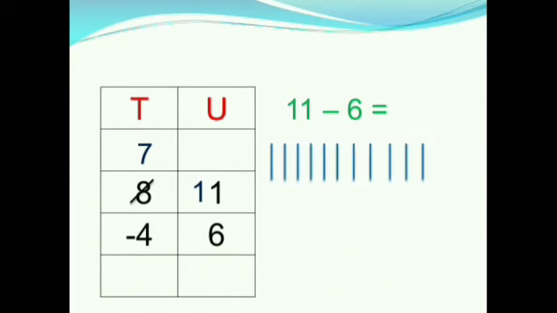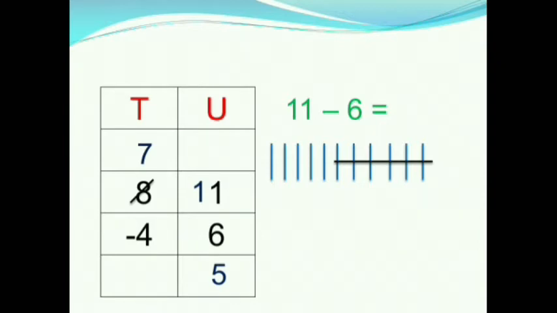Now we should subtract units place digits. The digits in the units place are 11 and 6. I have drawn 11 lines and cut 6 lines. Now how many lines are remaining? 1, 2, 3, 4, 5. 5 lines are remaining. Write 5 in units place. Next we should subtract tens place digits.